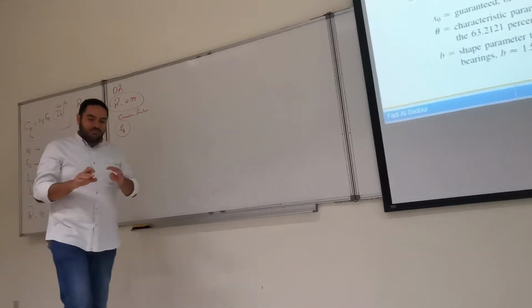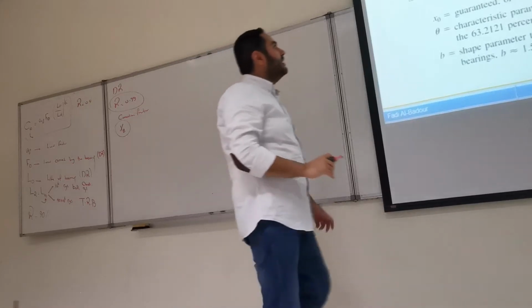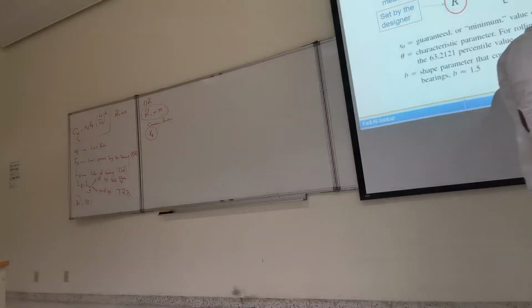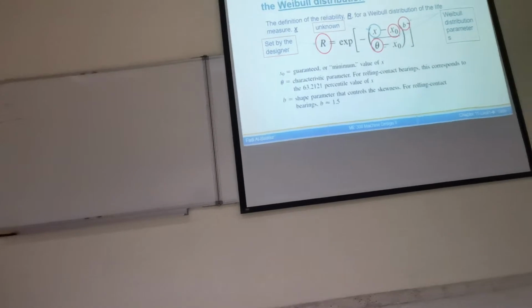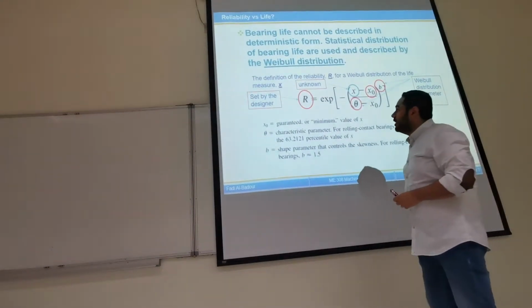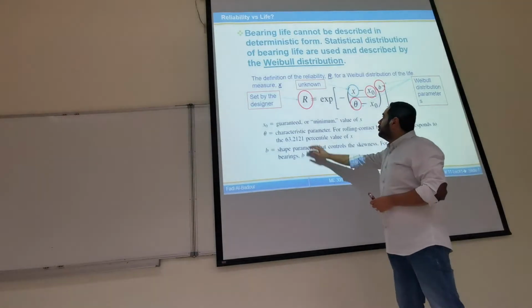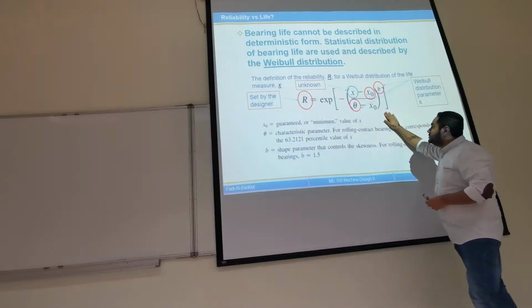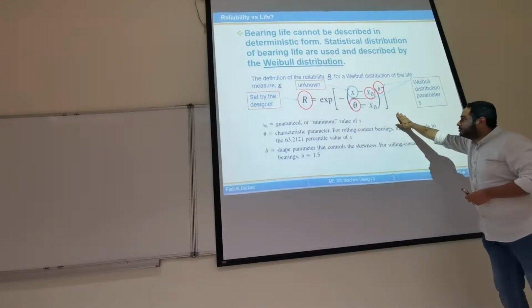When they test the bearing, they found that the failures fall in a certain distribution. Whenever you are targeting higher reliability, bearings will fail at certain points, and they can be fitted to a certain distribution called the Weibull distribution. The reliability you set is calculated using this formula based on the distribution.